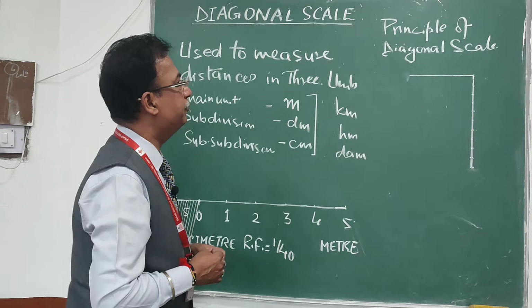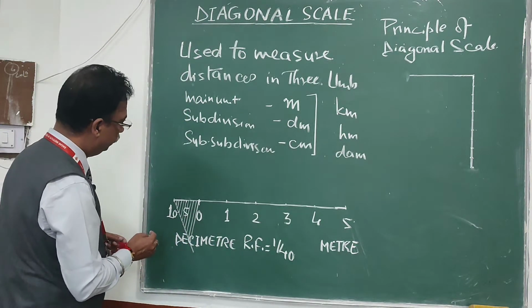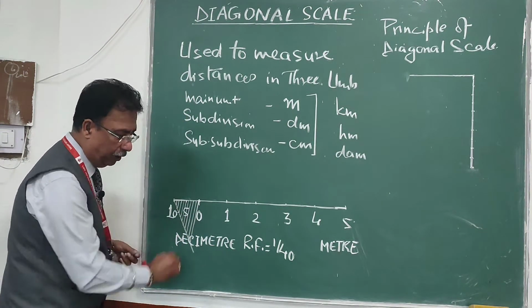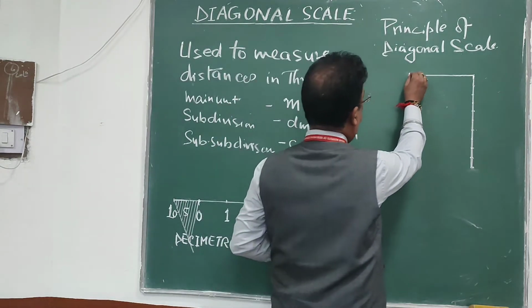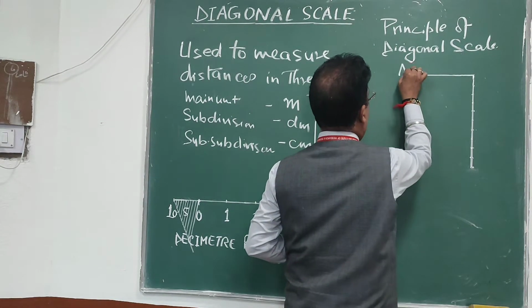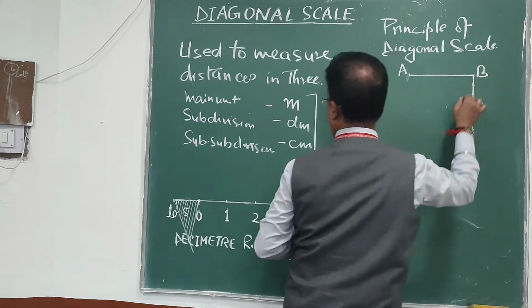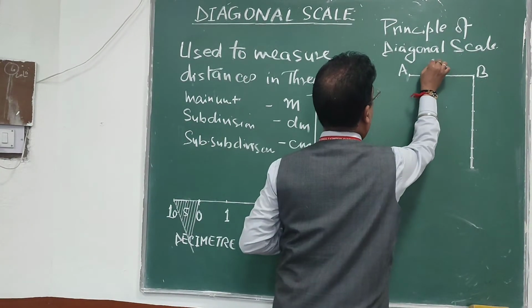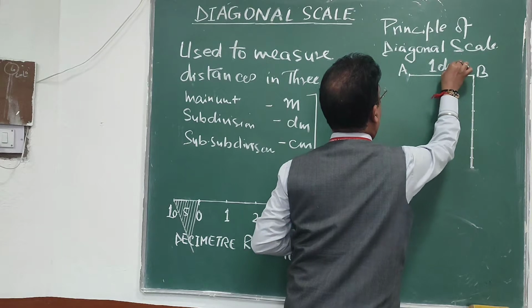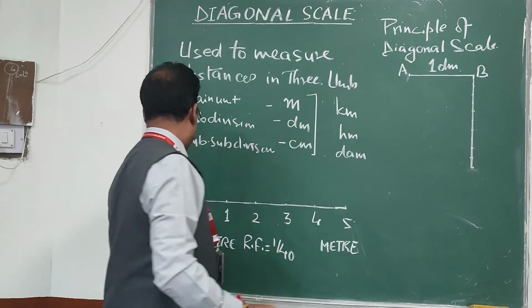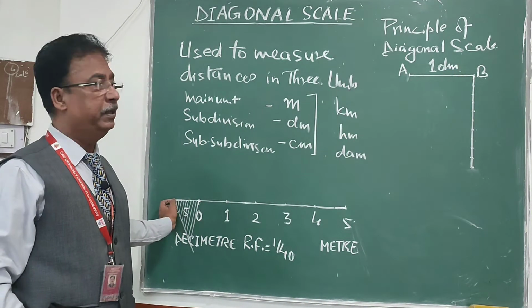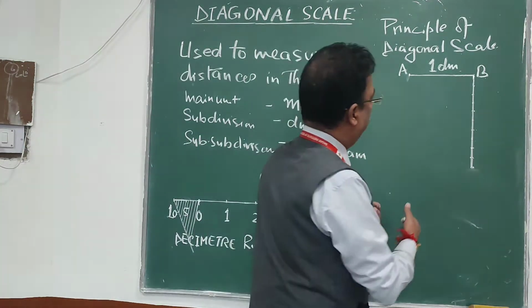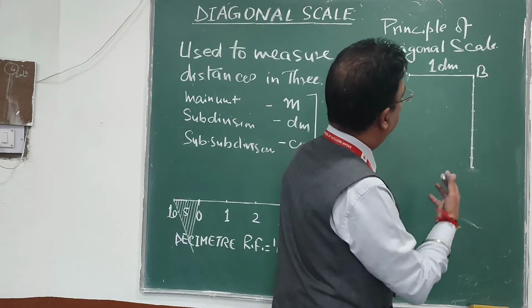So in the principle of diagonal scale, I am going to pick this one small length here, and in this figure I have enlarged that length. Suppose this AB equals this small length, that is 1 decimeter. So I will write here 1 decimeter. This 1 decimeter is actually the drawing length of 2.5 mm. For now, for study purposes, we have enlarged that length.